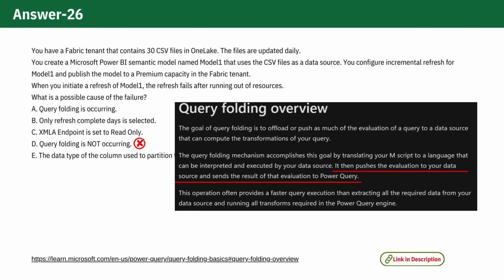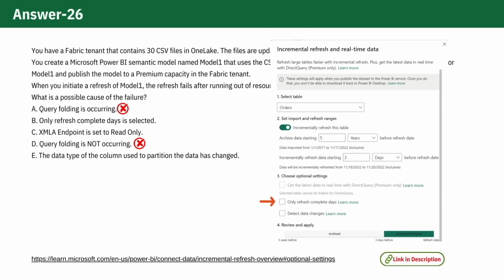Option A. Query folding is occurring. Query folding means that data transformations are being pushed down to the data source, significantly reducing the workload on Power BI. Given that the data source is CSV files, query folding cannot occur, making this scenario incorrect.